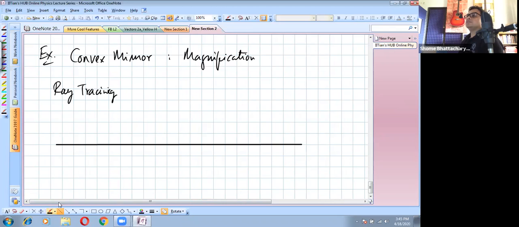Let's say this is my principal axis. This is my convex mirror. This is my virtual center of curvature. This is my virtual focal point, and this is my pole.